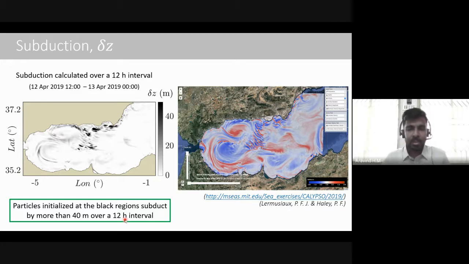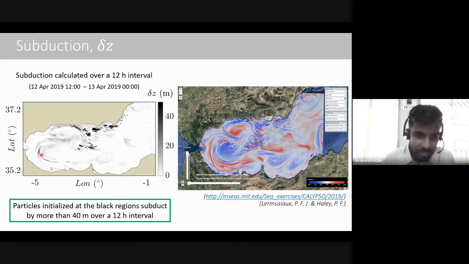And I computed the vertical displacement of each of these particles, and that gave me the delta z, or subduction, associated with each particle. And I've plotted this information at the initial time t naught.